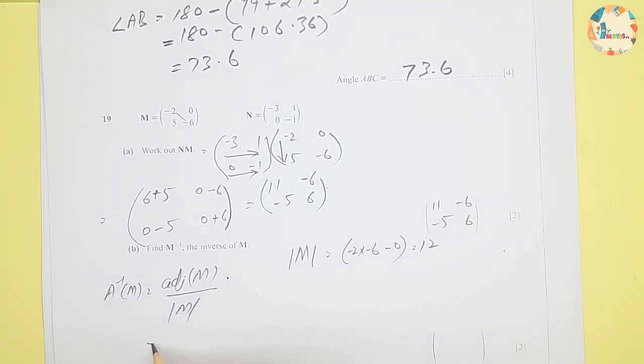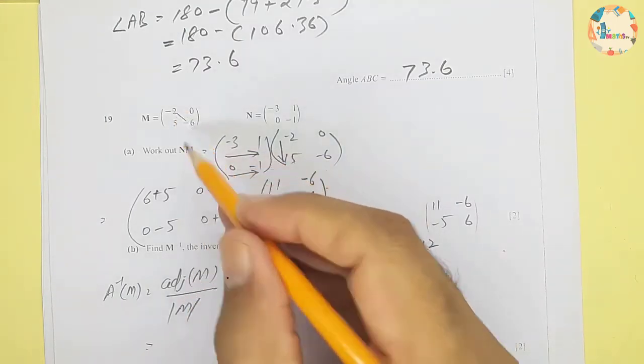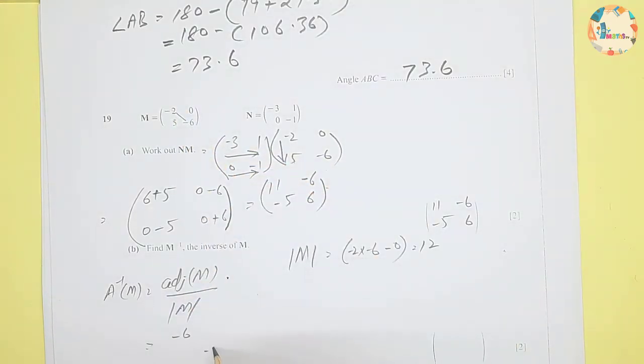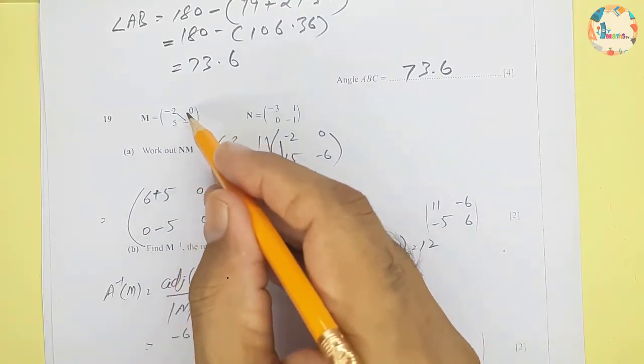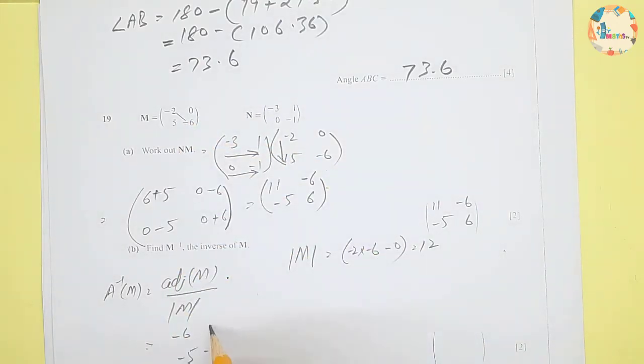So adjoint of M, we will be changing location of these two, so it will be -6, -2, and changing sign of this one will be -5 and 0.